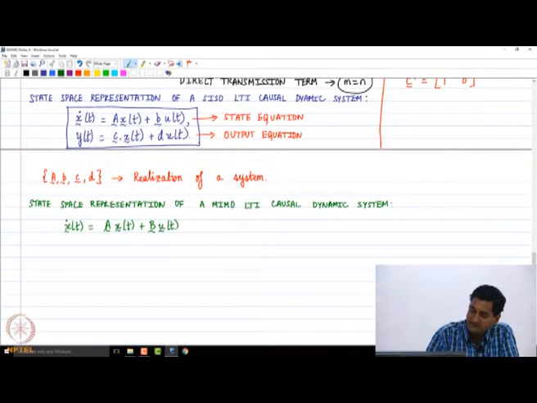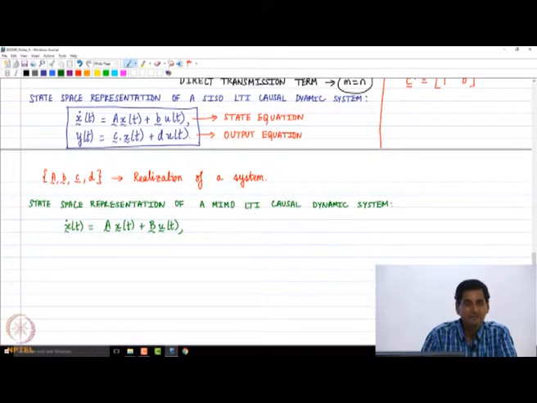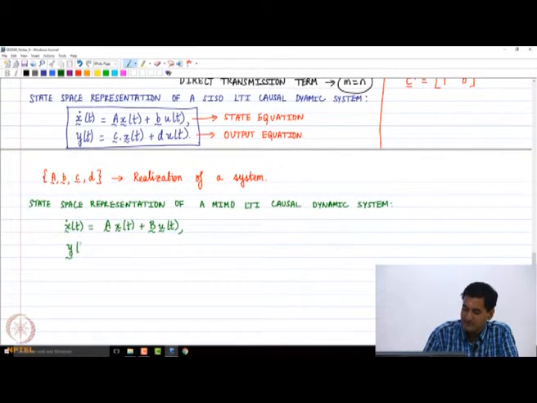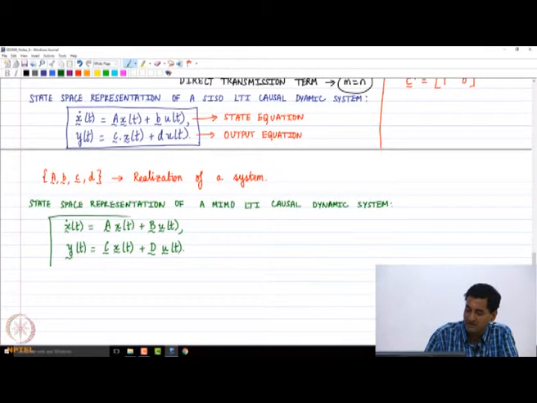Now u is a vector. You will still have n state variables, n being the order of the system, but the change is the second term, B u of t. B will become a matrix, because u is a vector. Similarly, the output equation, since y is a vector, we will have as C x of t plus D u of t. That's the change which would happen.